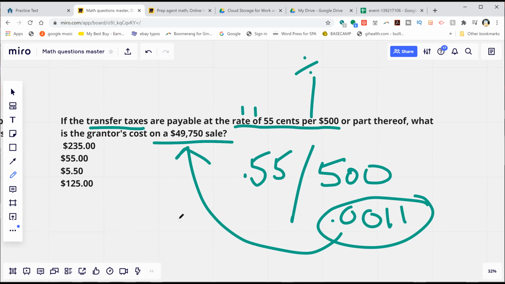You're nervous, and nerves do a lot of weird physiological things to you. Just do it a few times. The answer to this one would be 54.725, rounded up to $55. Do you guys see that?